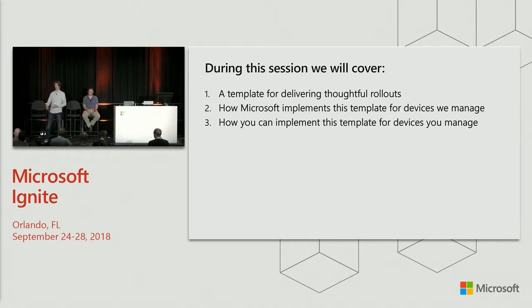You know, when we think about Windows 7 and Windows 10 and all the devices that we push updates to, but how we stage rollouts using AI. And so we'll go into a little bit of detail about what that looks like. And finally, we're going to talk about how you can execute this template using the tools that we make available to you, like analytics and configuration options that you can set on your PC.